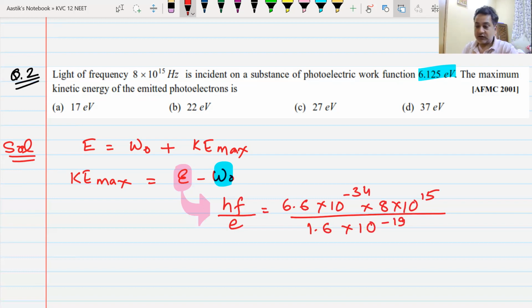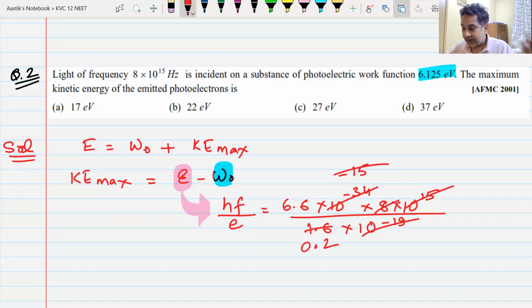And you can see your calculation will become pretty simple. Minus 15 and plus 15 will just go away. 8 will go 0.2 times, and 0.2 and 0.2 will go here. So it is 66 divided by 2. Answer is straight away 33 electron volts, beta.